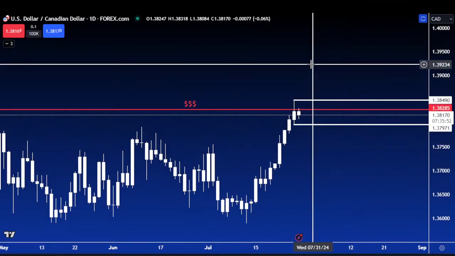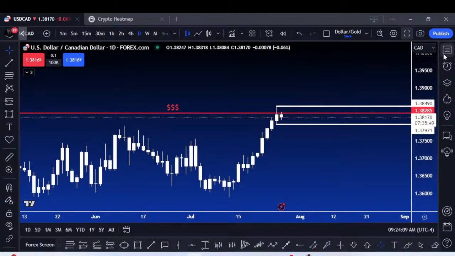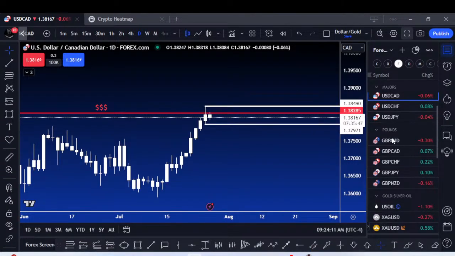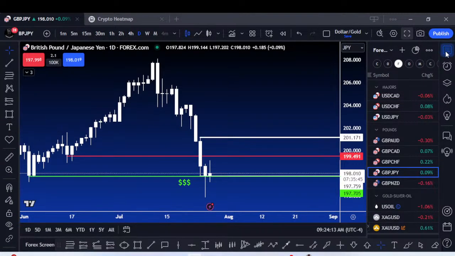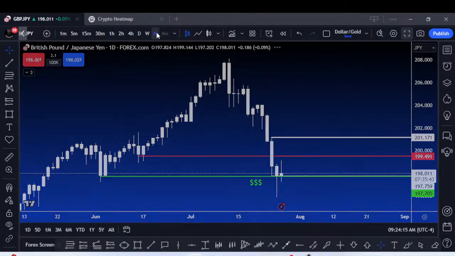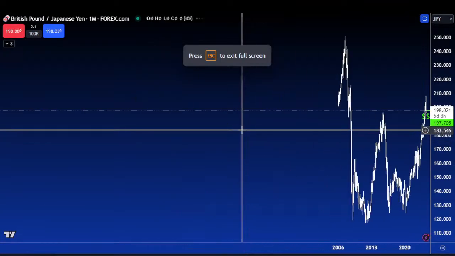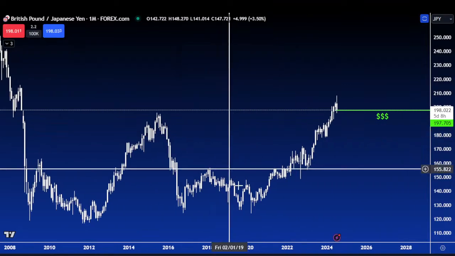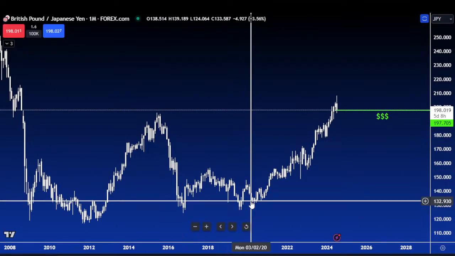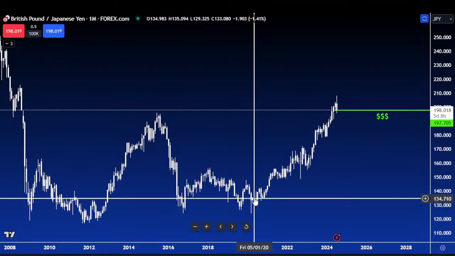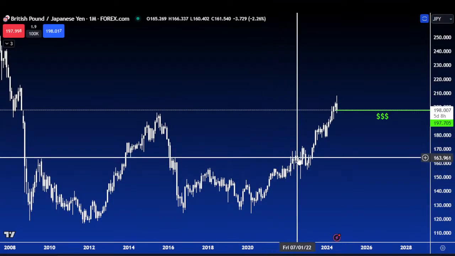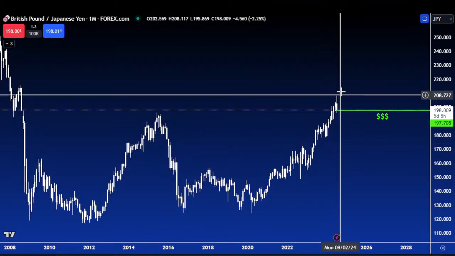All right, I'll show you guys a pair like GJ. Shout out to my girl Ariel. But here is GJ, and I'm just going to go to the monthly time frame. We'll crank this bad boy up. And here, from 2020, it's been 4 years. The GJ has just been going up all of those 4 years.